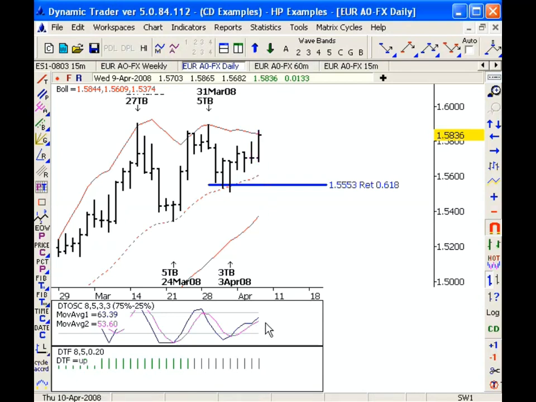But the momentum is still bullish. Daily momentum's bullish, not even in the overbought zone. So we want to keep the stop fairly far from the market and maintain this long trade with anticipation that it probably has another day or two or three of sideways to up movement.